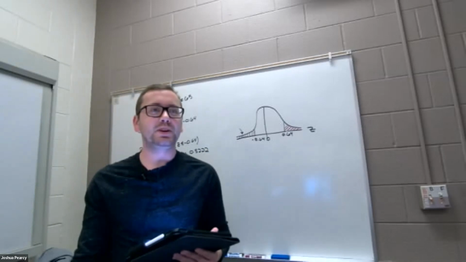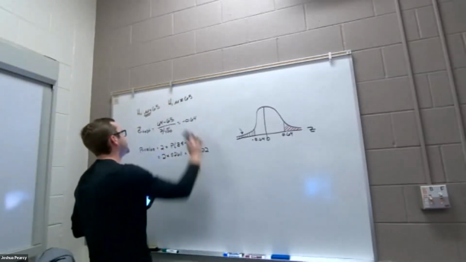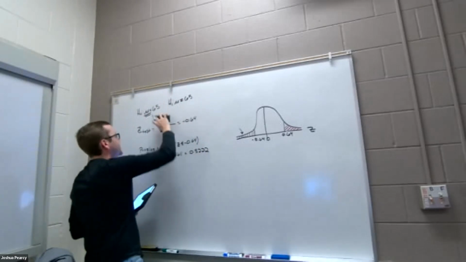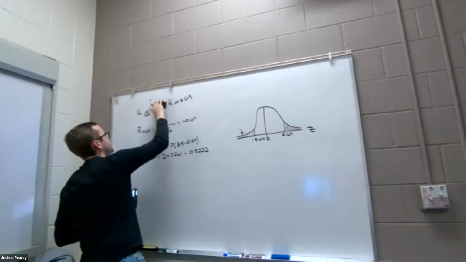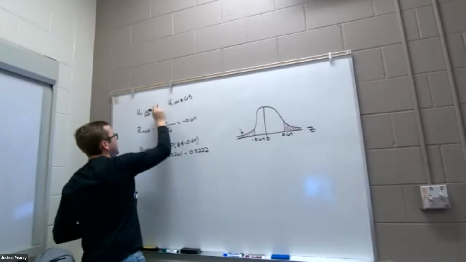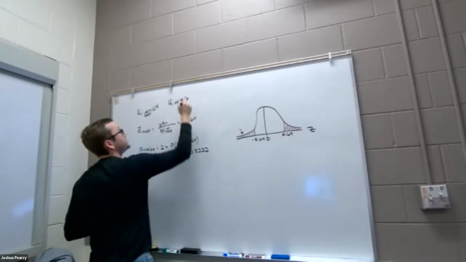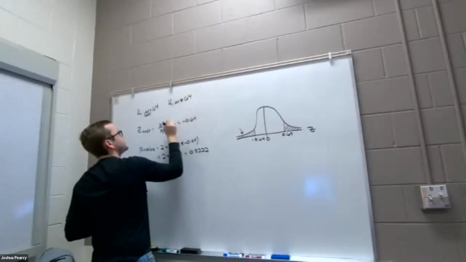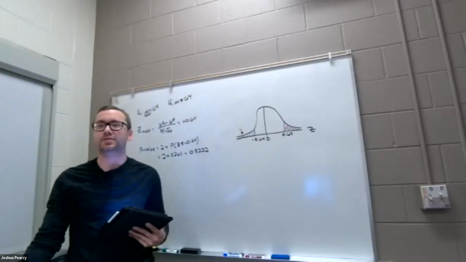How would you have found the p-value in this case if your test statistic was, say, just reverse this? Say the hypothesized mean was 64 and the sample mean was 65. Then this would become positive 0.64.